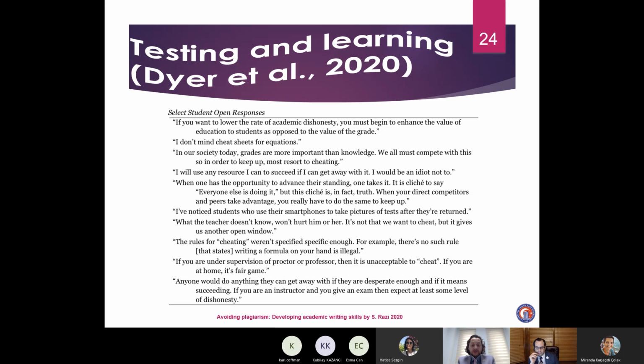This is also another important consideration: how students regard themselves. Do they consider themselves as students or customers? This is especially valid for private universities, where they'll be acting more like customers rather than students, I guess.